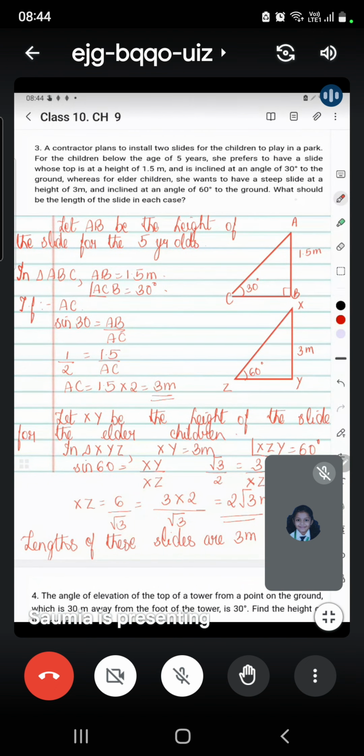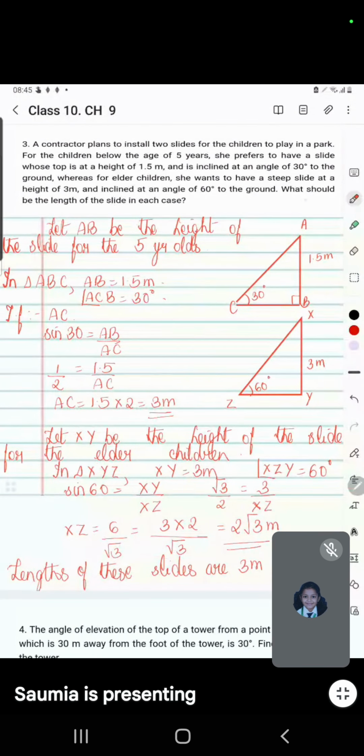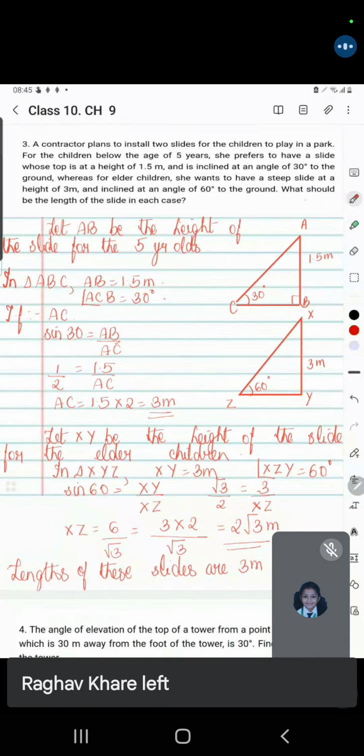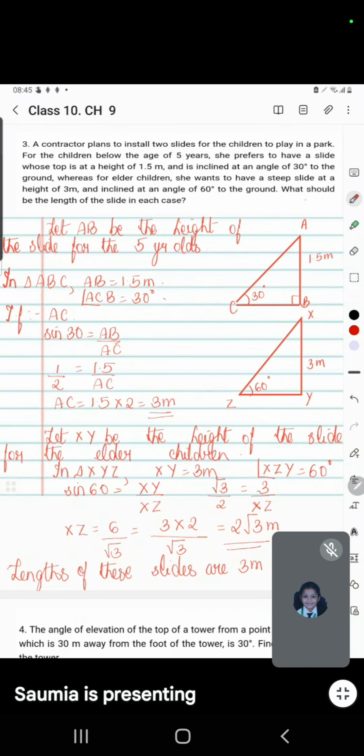Do it properly so that you understand each step. Let me know when you finish.